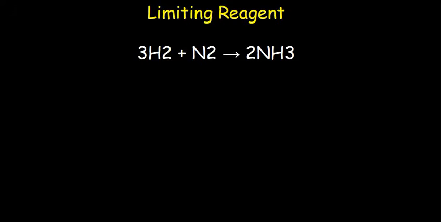So a limiting reagent is basically a reactant that finishes faster in a chemical reaction. Okay, so we can also define the limiting reagent to be a reactant that produces less of a product.